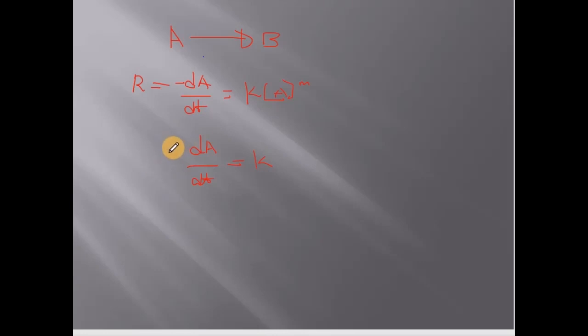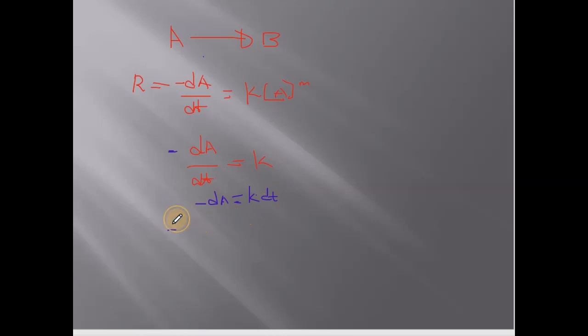So for us to integrate, let's first make this one linear. So we're going to have minus dA equals k dt. So the k here multiplies the dt. What I'm going to do next, let's move this negative from this side of the equation to that side.